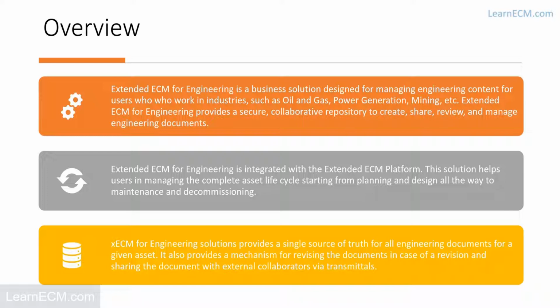It's an integrated extended ECM platform, and it helps manage the complete life cycle, starting from planning and designing until, let's say, decommissioning of a particular asset. So all the way from the start phase of a particular asset till its decommissioning. It's a single source of truth for all engineering documents.